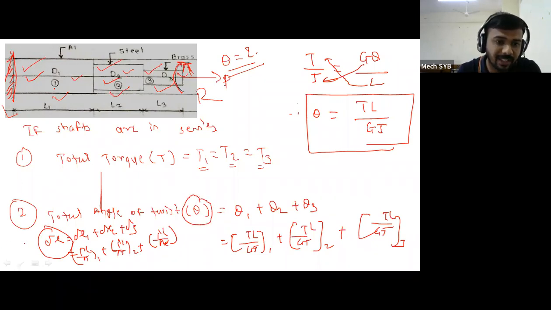But this delta L is the linear deformation and this theta is the angular deformation, because shaft is the rotating element and जो तो रोटेट होत असेल आणि ते रोटेट होताना जे काही डिफॉर्मेशन होतं, that deformation is in angular form. Therefore that deformation is called as angular deformation.